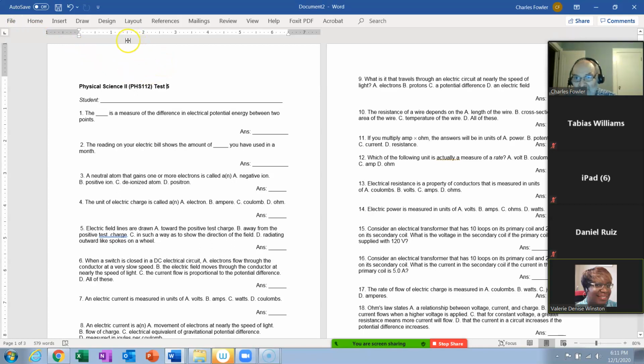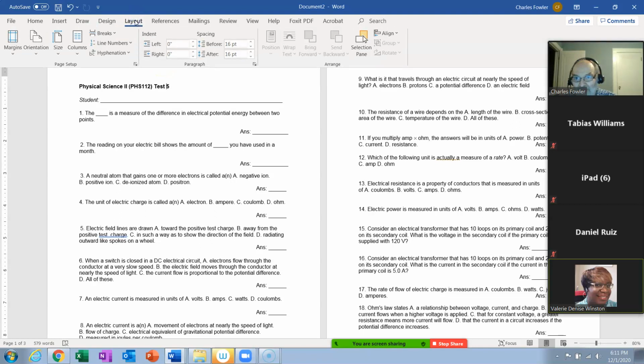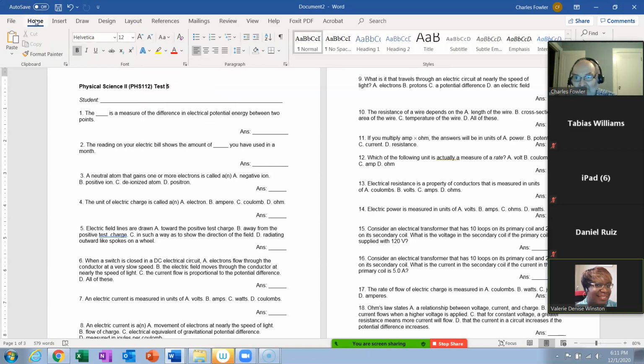Let's see, layout, would that be it? Somewhere there's got to be margin, right? Maybe it's not layout. Is it view or home? On your screen, I see 2 black bars that are blocking my view of the information.